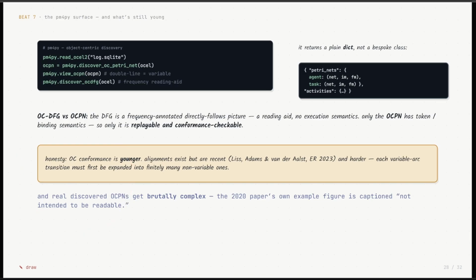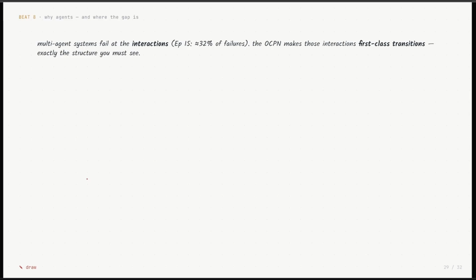Now, to give you a full perspective and a recap, first of all, multi-agent systems fail at the interactions level in 32% of failures. That's for the failure modes. So the interactions between agents are generally a huge source of failures for these multi-agent systems. Object-centric Petri nets make these interactions first-class transitions.